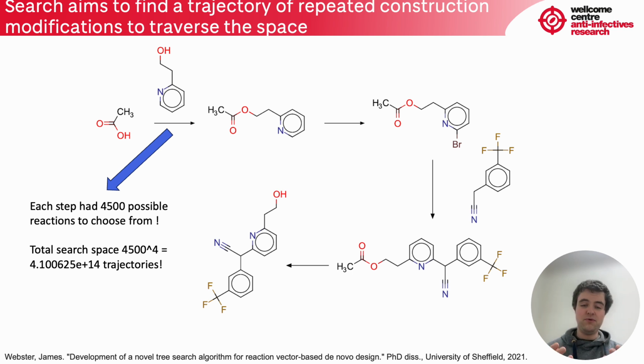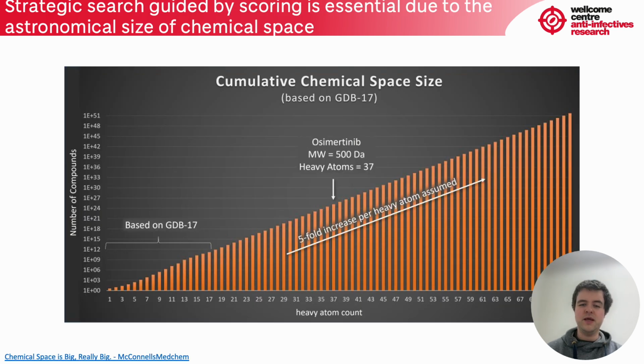So how do we explore it to find more information, and then how do we exploit it to find the best possible molecules? Strategic search is really required because chemical space is so vast, and it's argued that it's around 10 to the power of 60 possible molecules. Therefore, we're going to have to take a sample of this space. We cannot look at every possible combination.